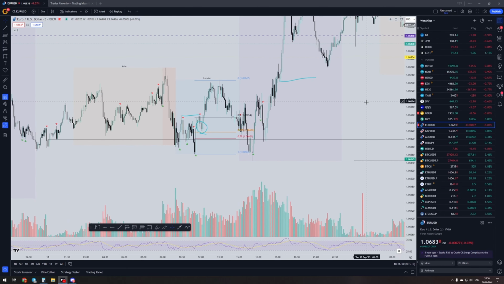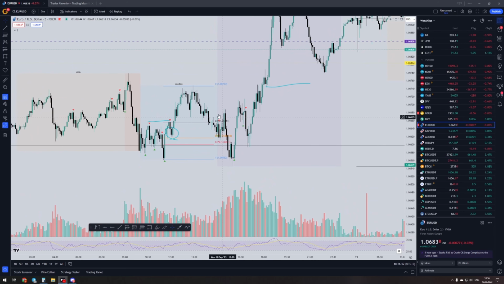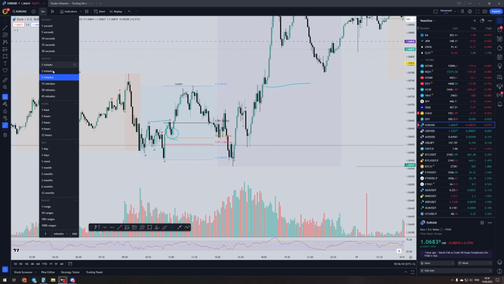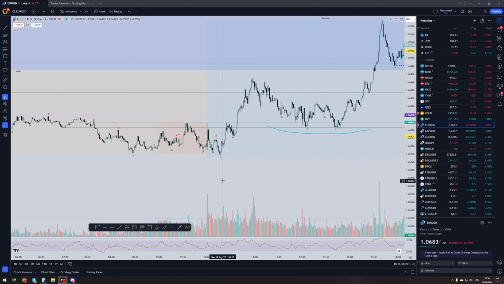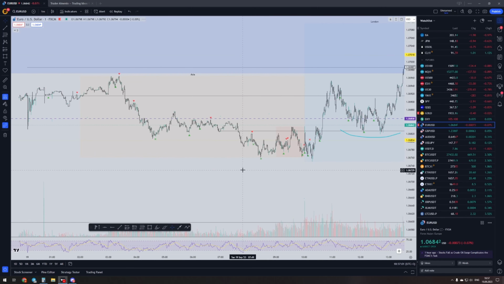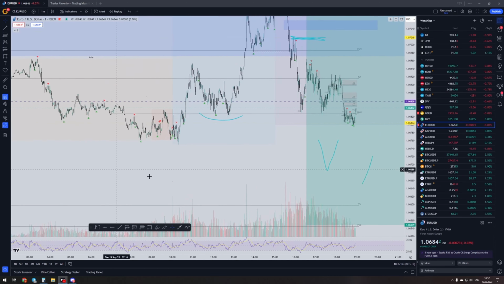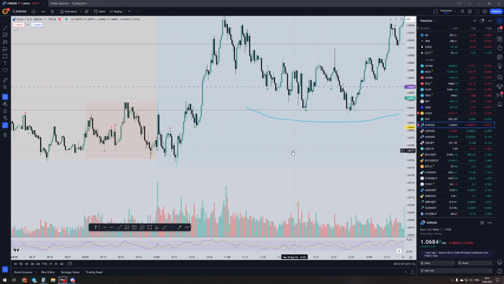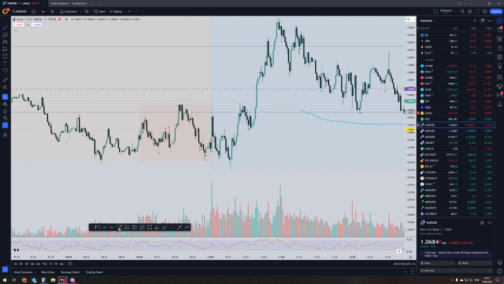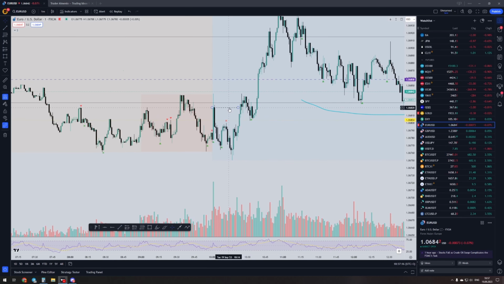So here, as you can see, we have this lower high. Better to see it on the 1 minute chart, if I'm not mistaken. Let me see. Yeah, right here we have the market shift.